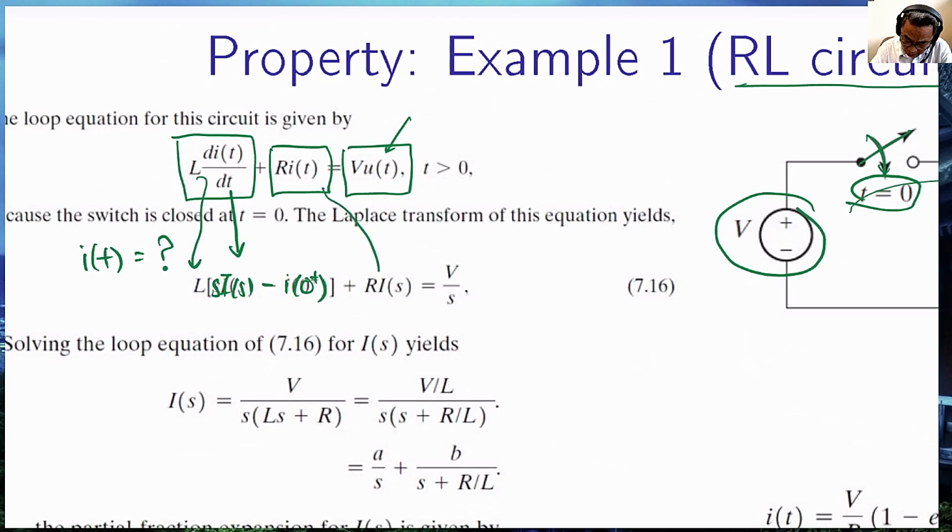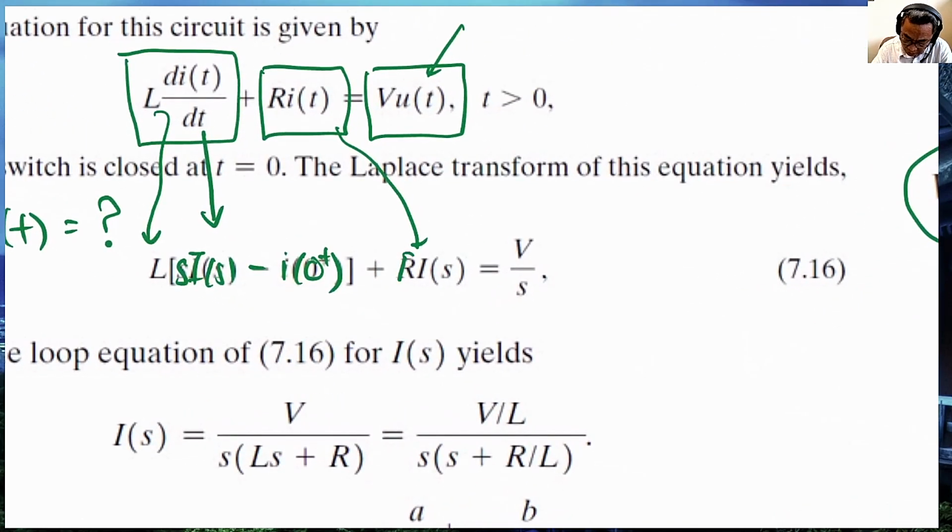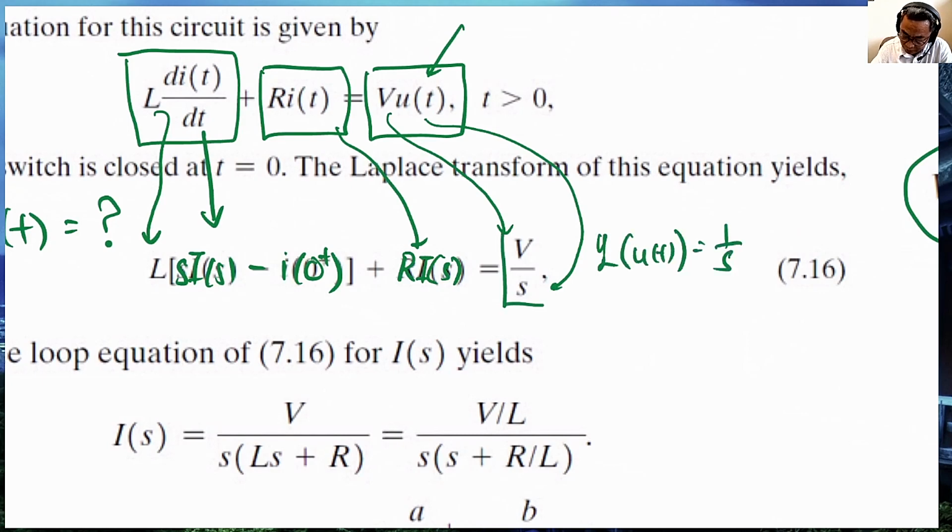What about R and i? Again, R is the resistor, a constant, so R drops out here. i(t) becomes I(s), and V is a constant, so V is a single number. The u(t) is important because the Laplace transform of u(t) is equal to 1 over s. So that's why we get this expression here.